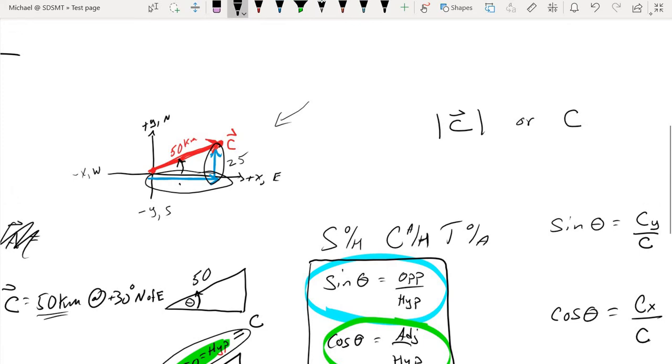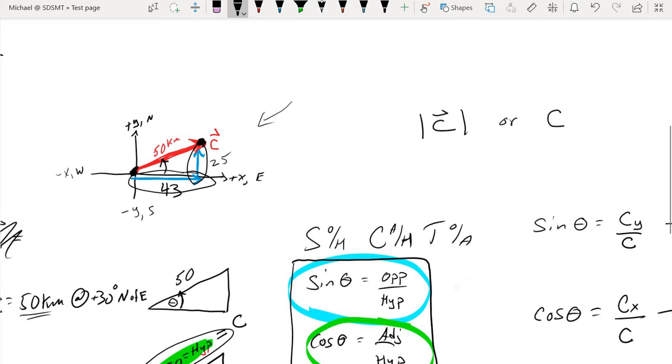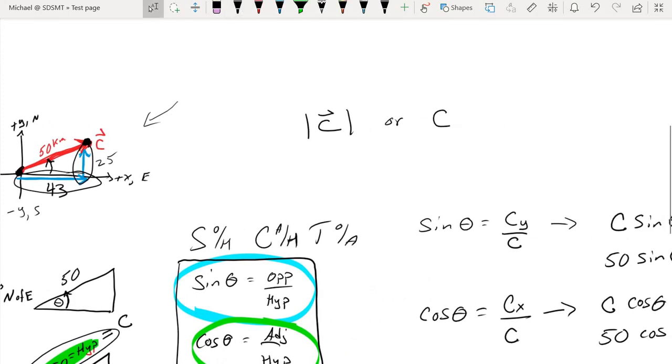So our detour over here, since the bridge was out, we had to travel 43 kilometers to the east and 25 kilometers north, and that allowed us to get from the same starting point to the same end point as what the 50 kilometer trip would have allowed us to do.